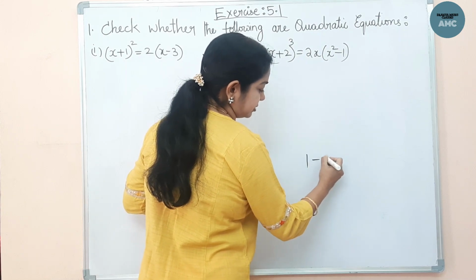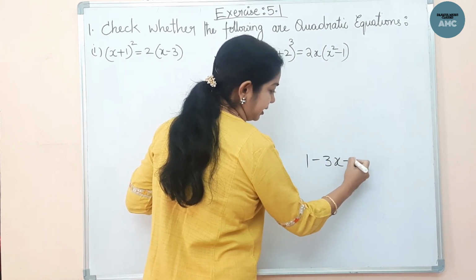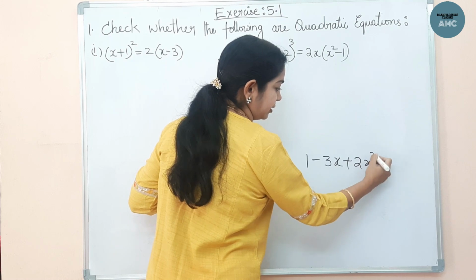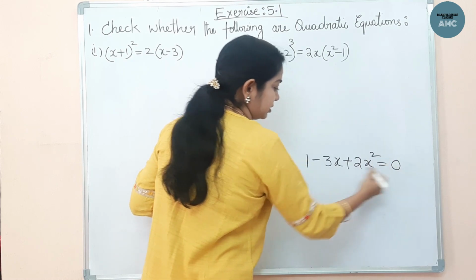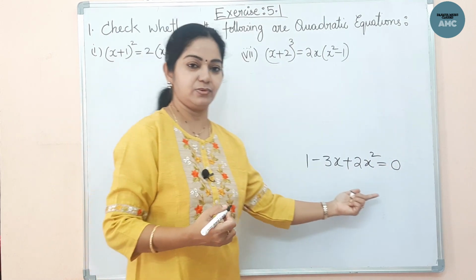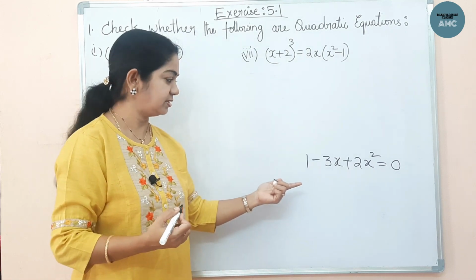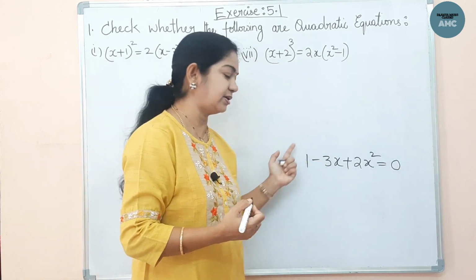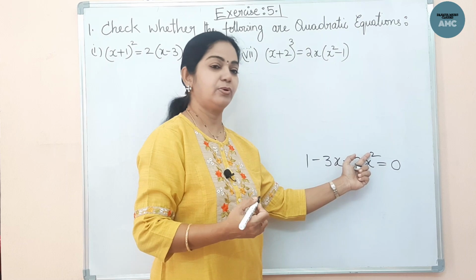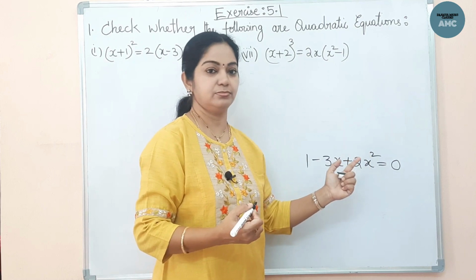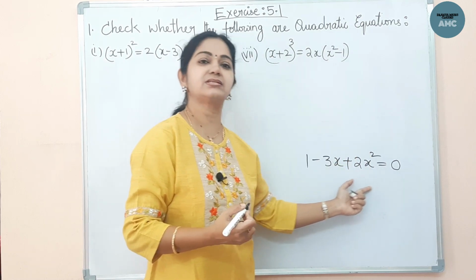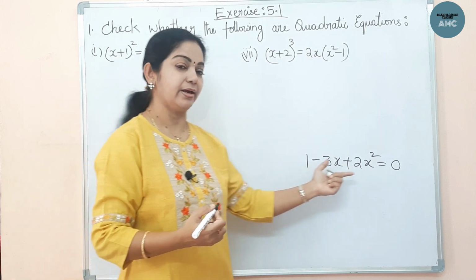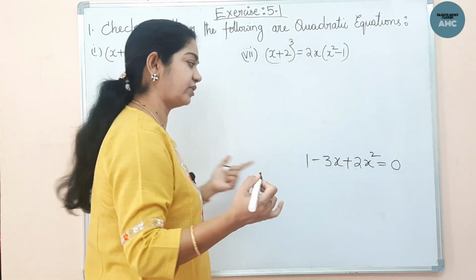Now before starting this, I'll tell you one. 1 minus 3x plus 2x square equals 0. Is this a quadratic equation? Yes, right. This is a quadratic equation because it is having degree 2. But this is not placed in an order, like in the order of a standard form.